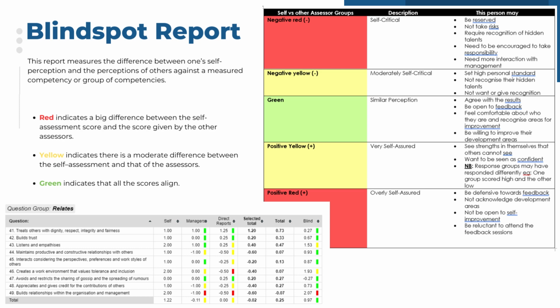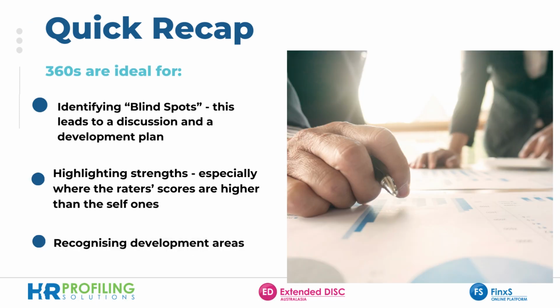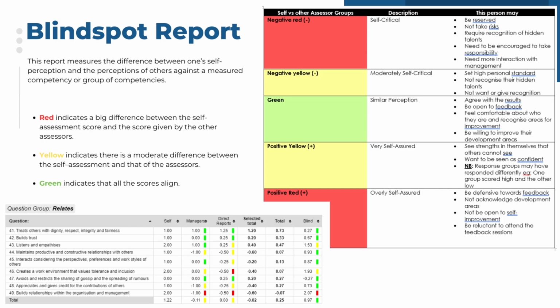The 360s are ideal to be used in many different ways, but the blind spots can pick up any, I guess, self-sabotaging behaviours. Can I just go back and explain what I mean here?